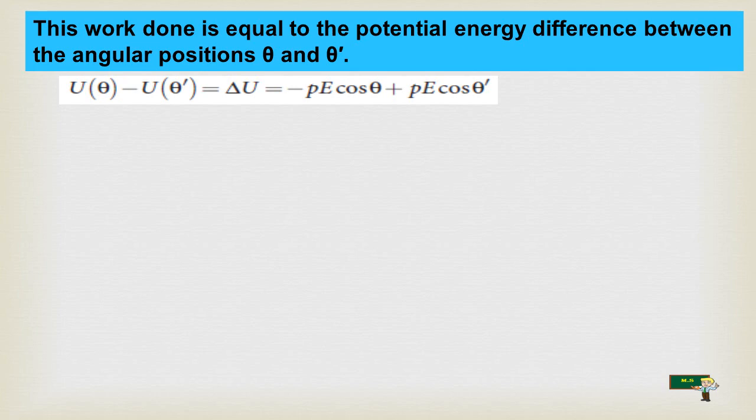Therefore, U theta minus U theta dash is equal to delta U. That means the potential energy difference is equal to P E cos theta dash minus P E cos theta.